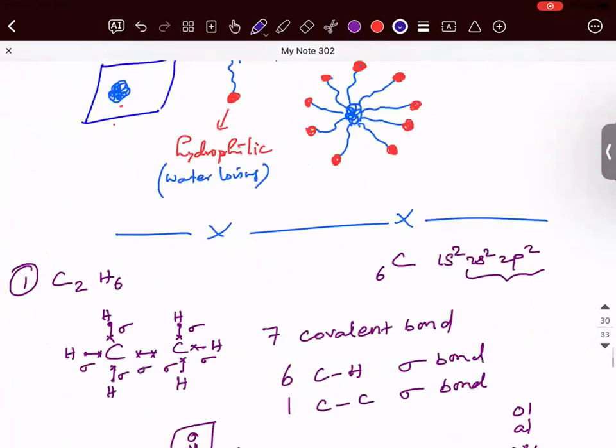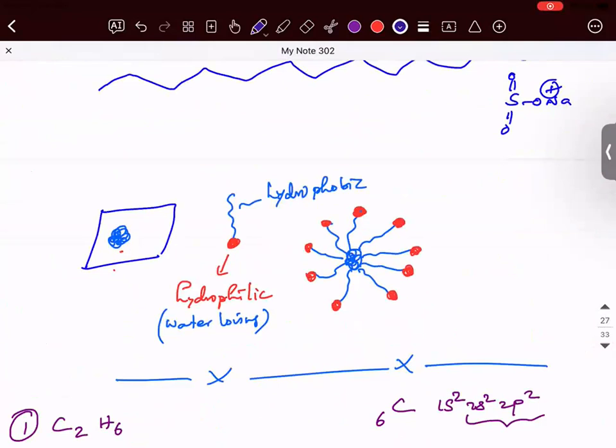Soap contains one hydrophobic end and another hydrophilic end. When you put any dirty particle, what will happen? The dirty particle and water will have interfacial tension or friction. So when you put it in the soap, it reduces the interfacial tension between the water and that dirt.